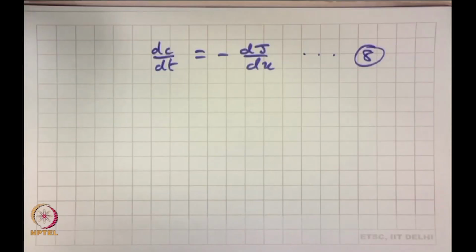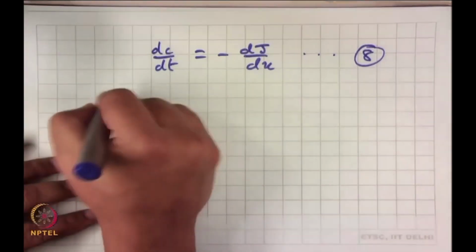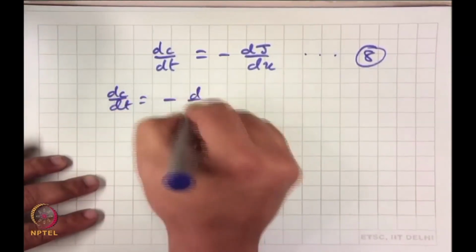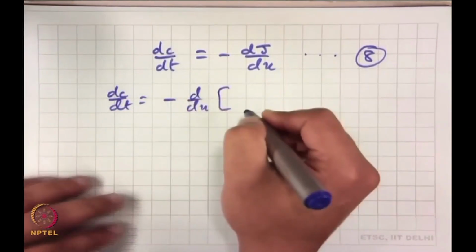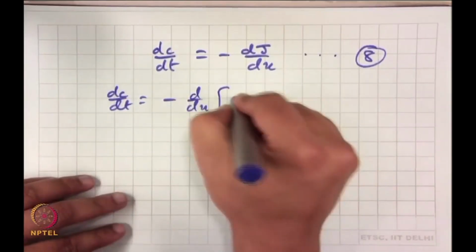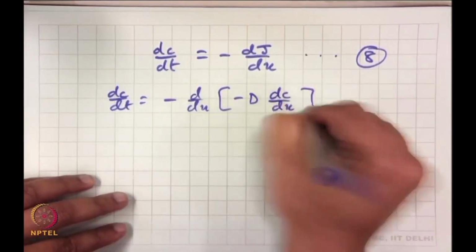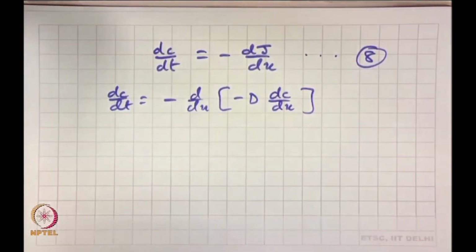Now, you already know what J is, right. So, therefore, I can write dC over dt is equal to minus d over dx of, what was J? Minus D dC over dx, right. This is how we had defined J before, because the flux definition does not change.